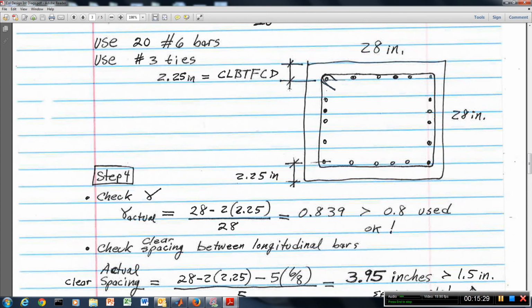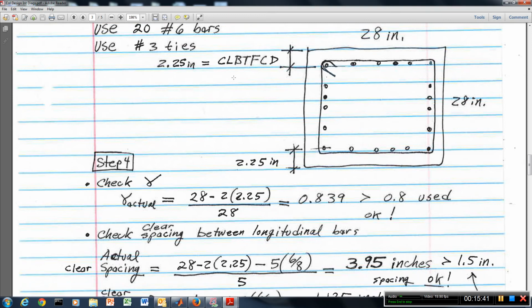Knowing that value will help us calculate this distance here, and this distance here is gamma h. We need to check whether the gamma that we chose, which was 0.8, which we assumed when we went to our interaction diagram chart, was actually achieved.